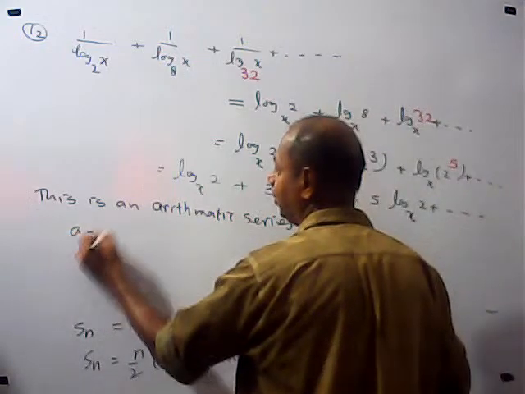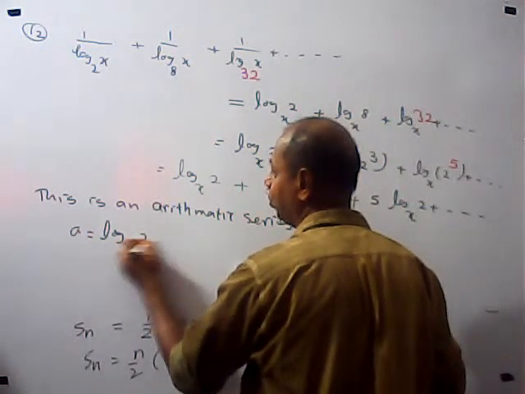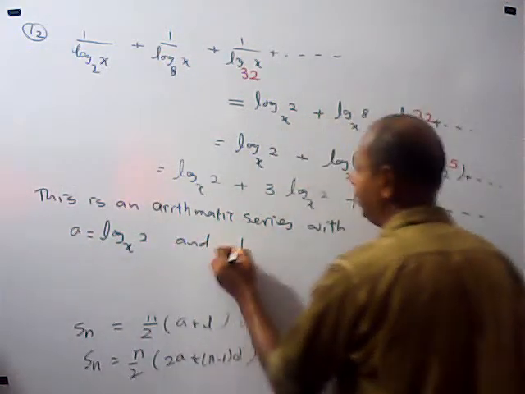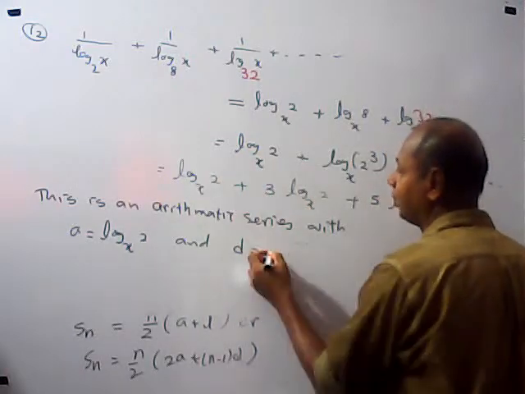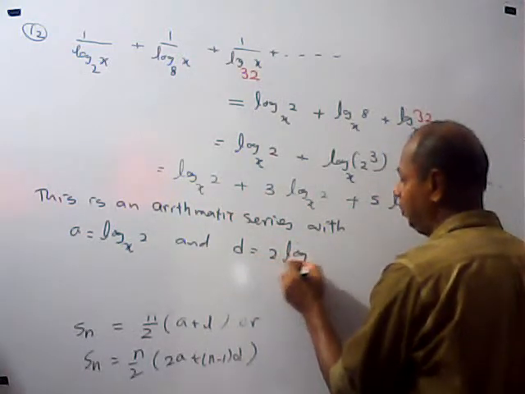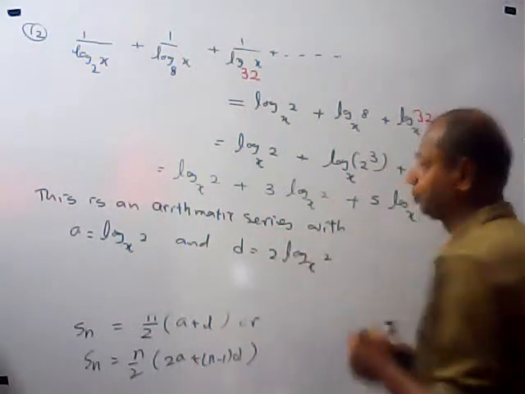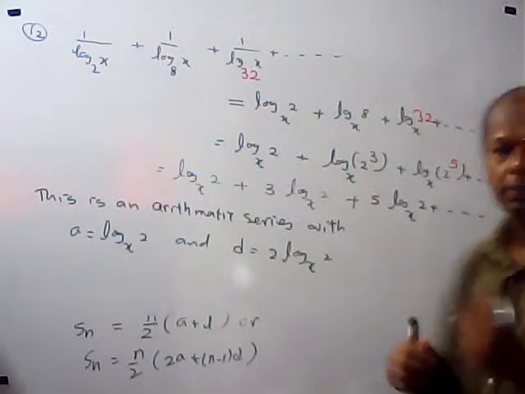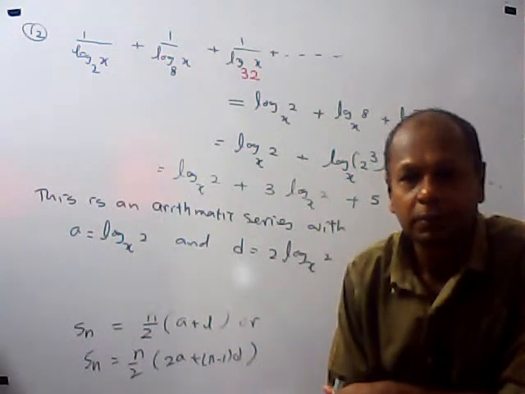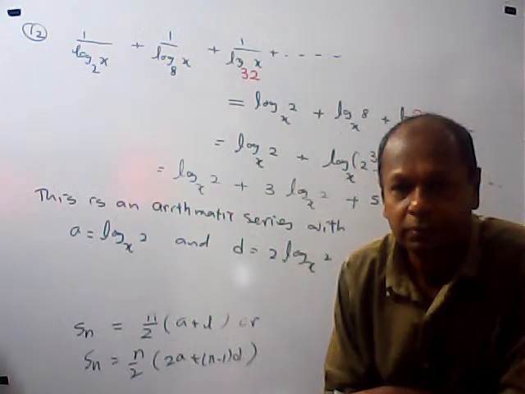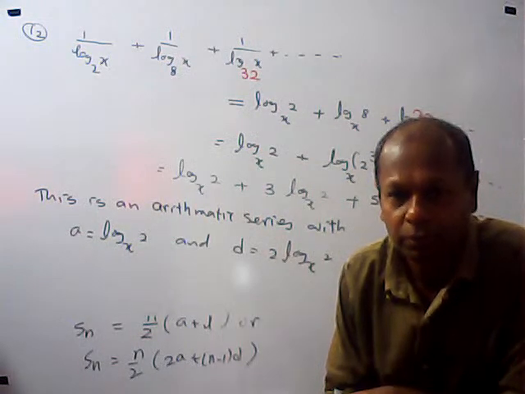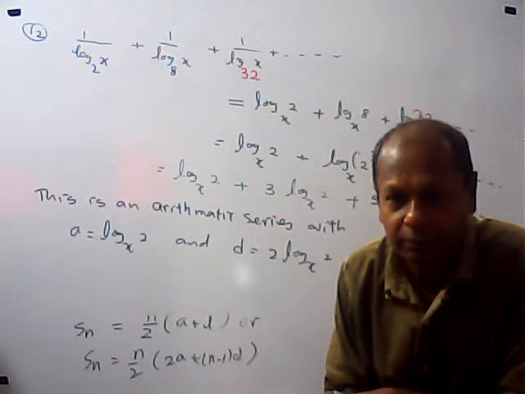A equals log base x2 and D equals 2 times log base x2. තේරෙනවද ළමයි? කොයි ඉන්න කට්ටිය? සචිල, විමුතු, සඳලි, ඔෂද.